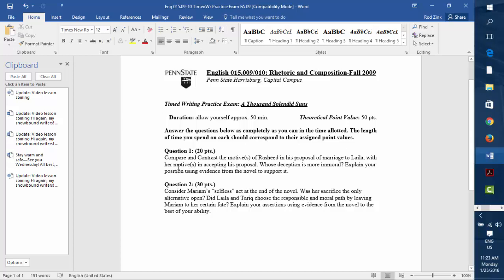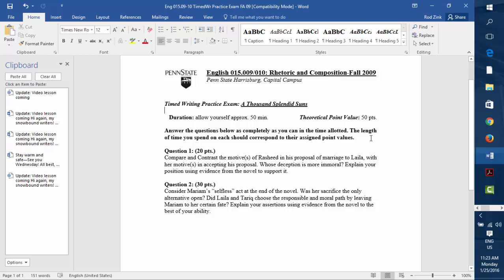So I have 2 questions here that they have to respond to. Answer the questions below, so they have to answer both questions. Answer the questions below as completely as you can in the time allotted. The length of time you spend on each should correspond to their assigned point values.